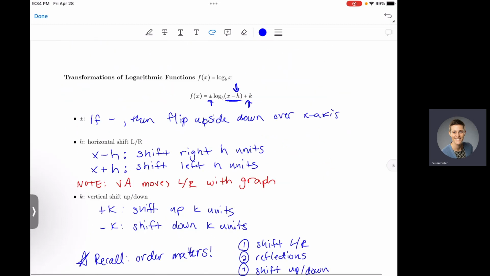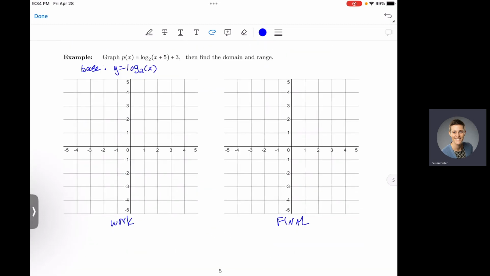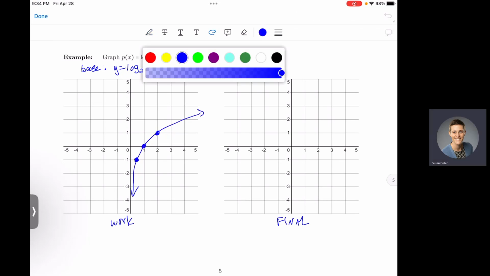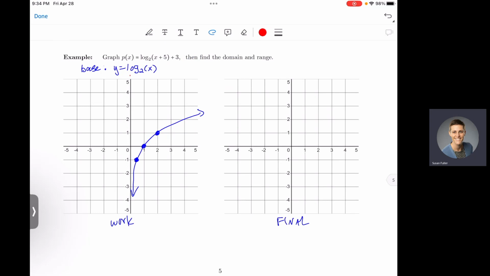So I'm going to go ahead and put those on this graph. So we had (1/2, -1), (1, 0), and (2, 1). So there is our base graph. And this thing has a vertical asymptote at x equals 0. So I'm just going to go ahead and make note of that.